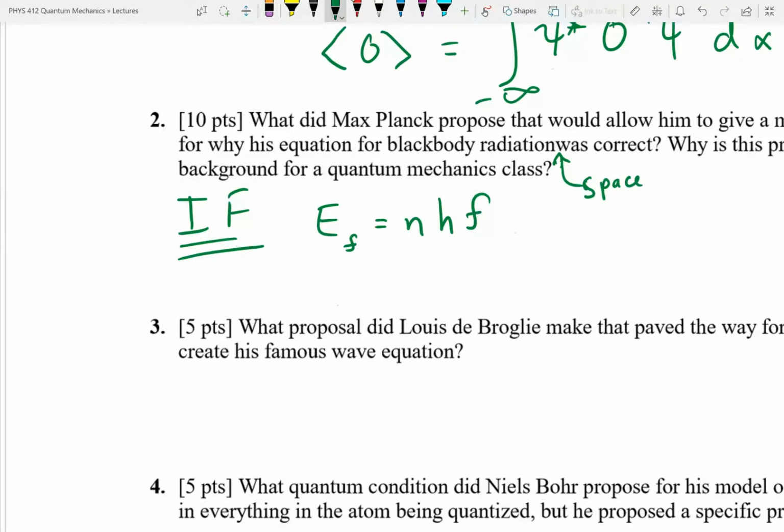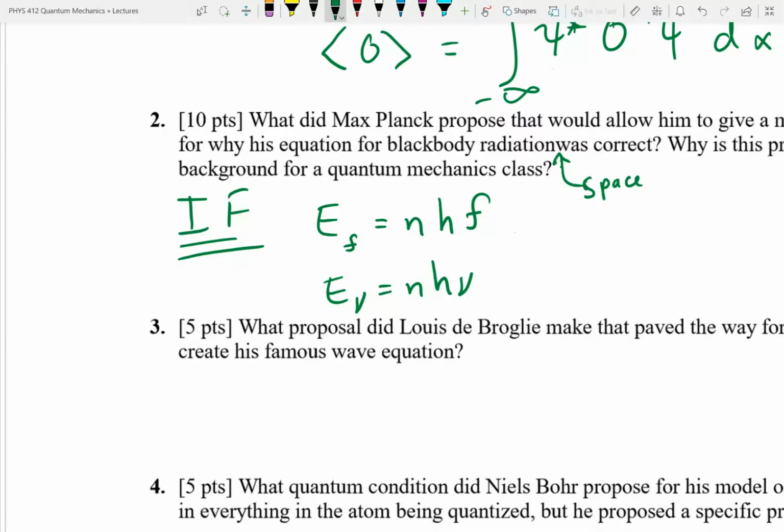Of course, I'm pretty sure one of you mentioned this is the way you're more comfortable seeing it: nu for frequency instead of F. If the energy at a given frequency is an integer multiple of h, the self-named Planck's constant, times frequency, then with only specific amounts of energy for each different frequency, using statistics, he could calculate and give exactly the equation that fit the black body radiation.